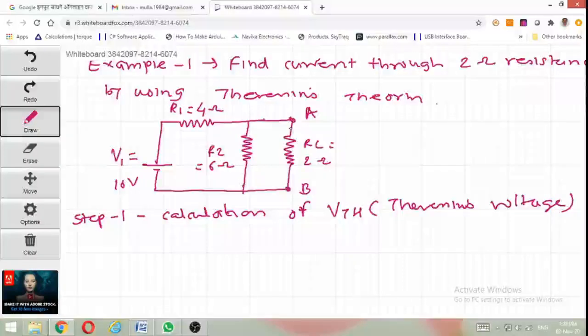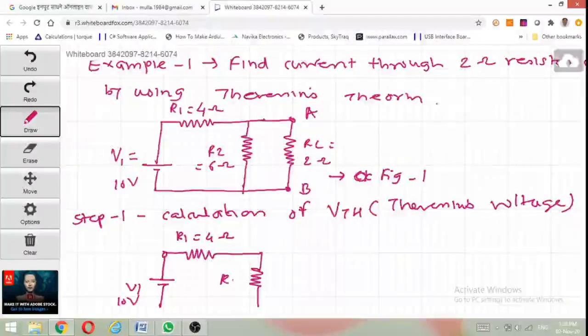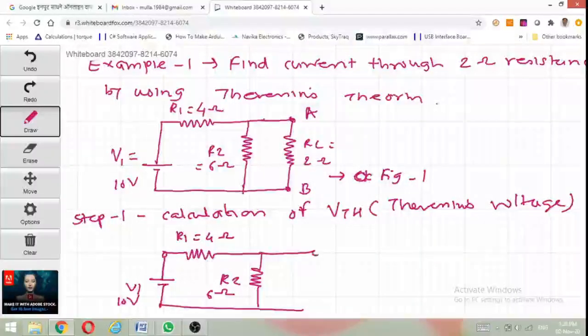We simplify this circuit. The circuit becomes: this is V1, 10 volt, this is R1, 4 ohm, this is R2, 6 ohm, and these terminals are A and B, and the voltage between these two terminals is called VTH.